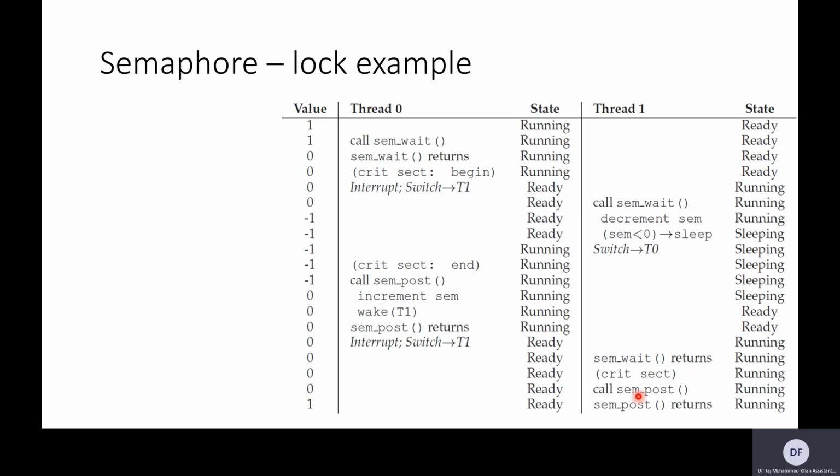So the second thread will now return from sem_wait and enter its critical section. So at any given time, only one thread can enter a critical section. Thus, the semaphore gives us the behavior of a lock. It's called a binary semaphore because it behaves like a lock, so it oscillates between values 0 and 1, or negative values and positive values.